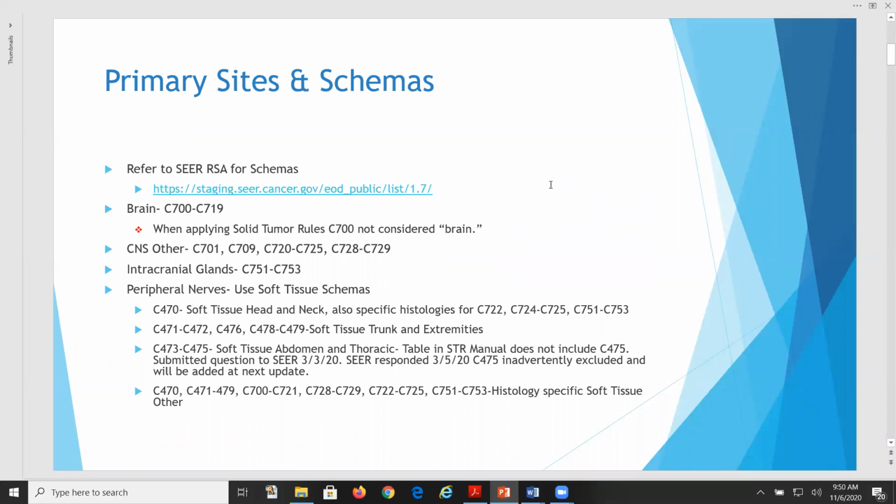So here is a listing of the primary sites and schemas, and I demonstrated for you on Wednesday the SEER RSA and how you determine what schemas to use for what primary sites. So a lot of these are histology dependent, so you just need to search your schema primary sites, and then when you get there, be sure you're reading the notes to make sure you're in the appropriate schema.